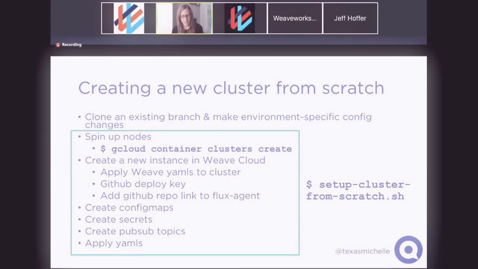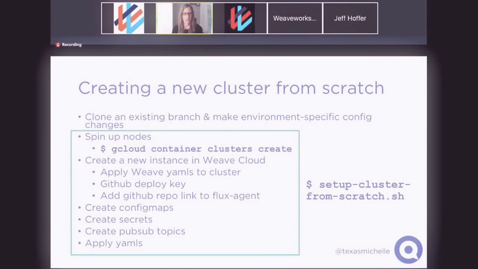But then we go into Weavecloud, we create an instance, and we give it a key, and that key gets deployed onto the cluster. Weave gives us this whole script with a bunch of YAMLs. They have this really cool deployment tool. It's essentially a script that they generate for us that's exactly suited to our cluster.